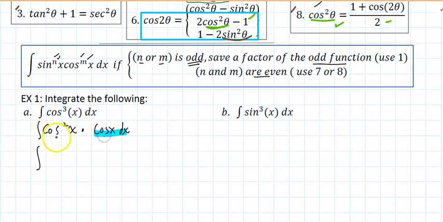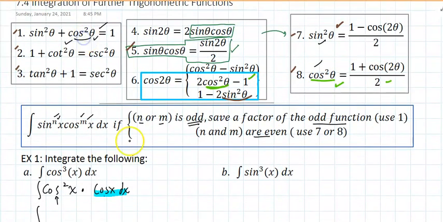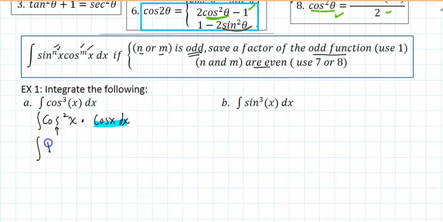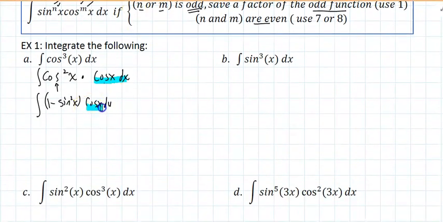So if this is my du, what does cosine squared equal by 1? Isn't cosine squared 1 minus sine squared? Now what? Well, what I'm going to save will always be my du, so can you guess what u equals? If I let u equal the sine of x, isn't du the cosine of x dx?